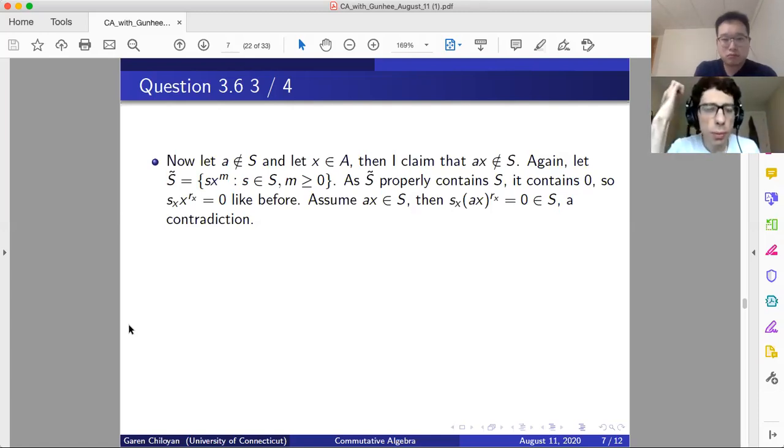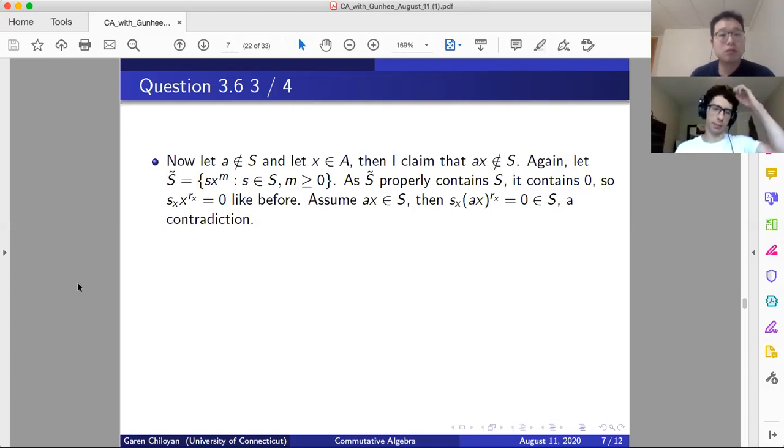If we assume Ax is in S, then this Ax term is in S, this Sx term is in S, and so Ax to the Rx power is in S, and their product is 0. That's bad. So we can't have Ax in S. Okay, so it proves that A complement S is an ideal.